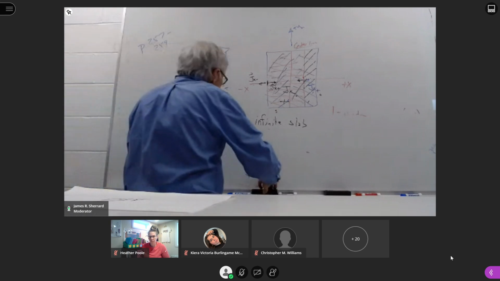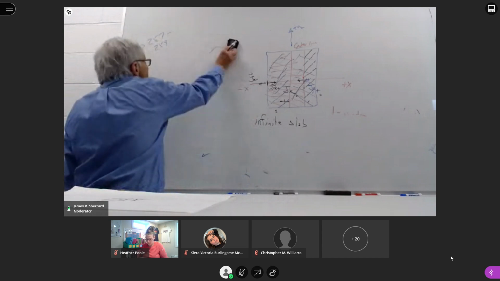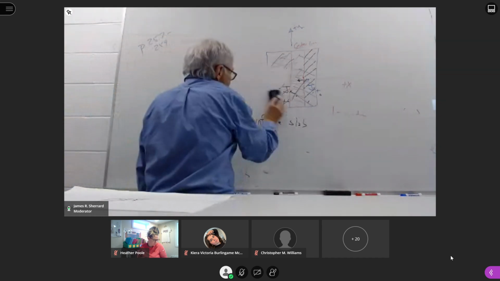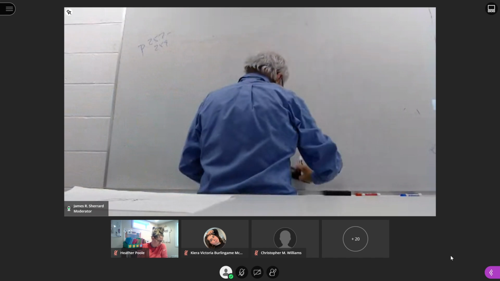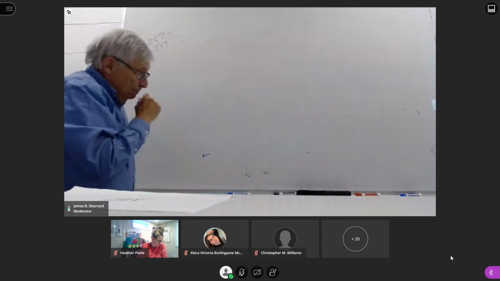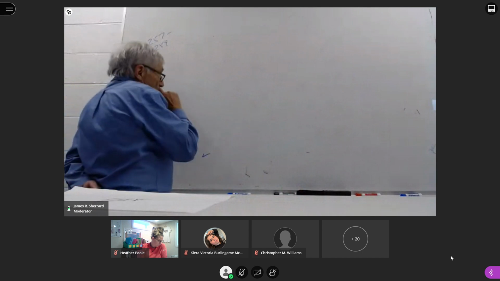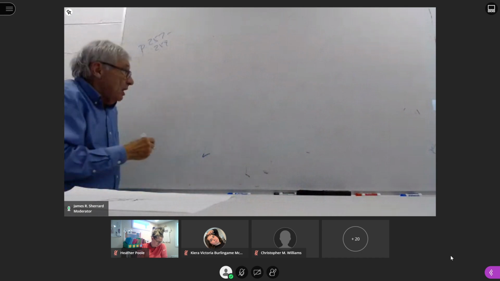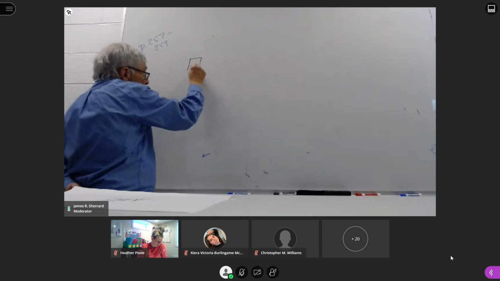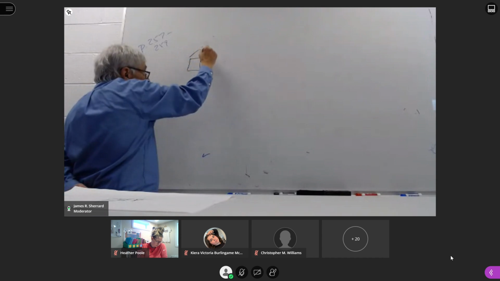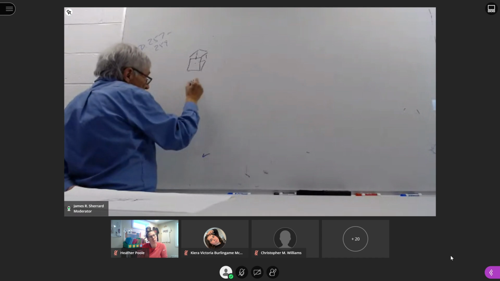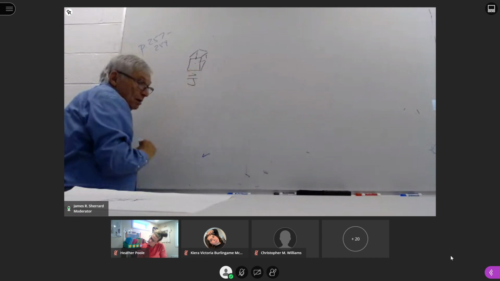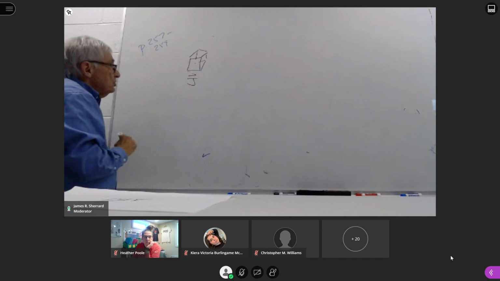Okay, to go back to the diffusion equation again. When we looked at our little 3-dimensional 1 centimeter by 1 centimeter by 1 centimeter cube, we developed a term for total neutron current density.